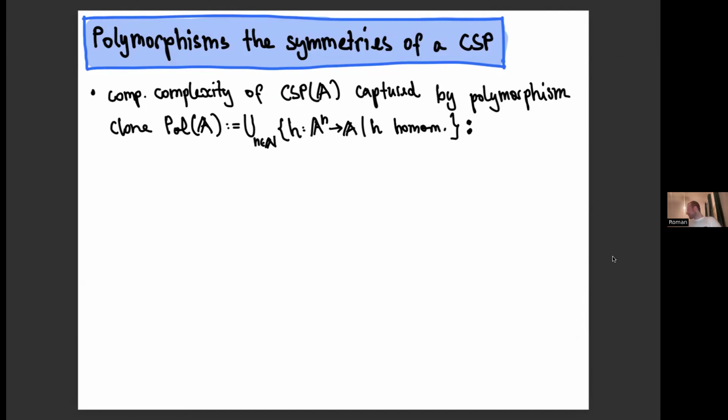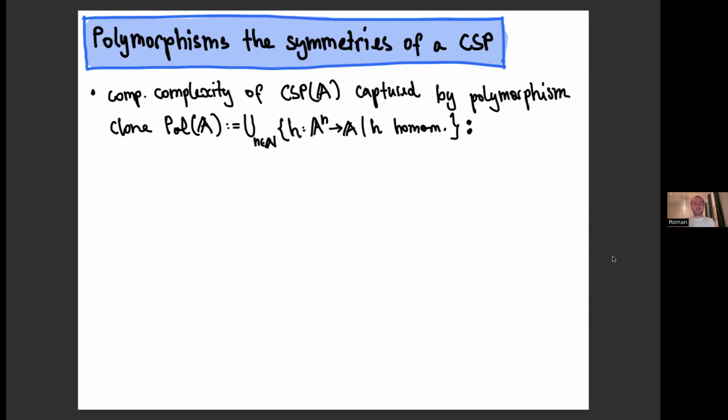Well, in the classification of the complexity of constraint satisfaction problems in general, so-called polymorphisms have played a very important role. And I will now briefly try to sketch why polymorphisms are so important and why they can be viewed as symmetries of a constraint satisfaction problem.